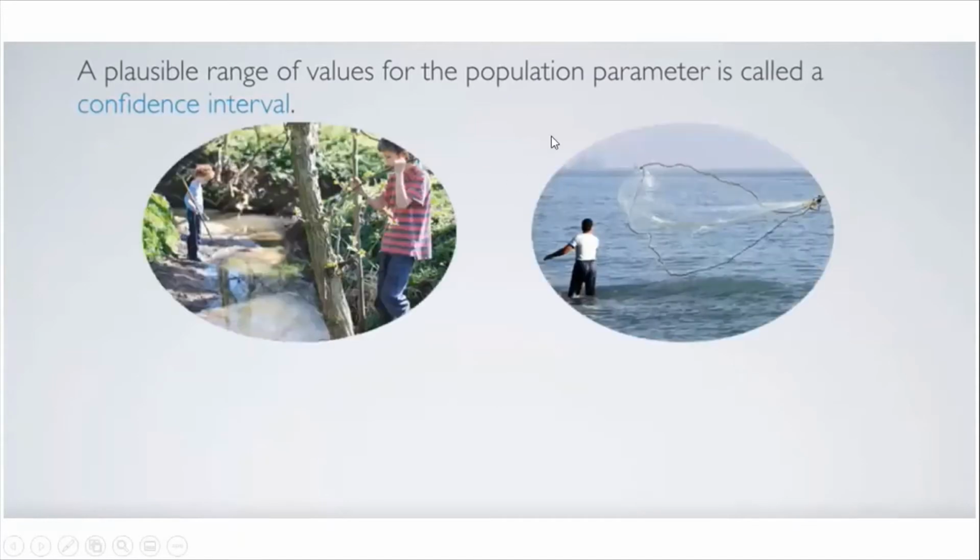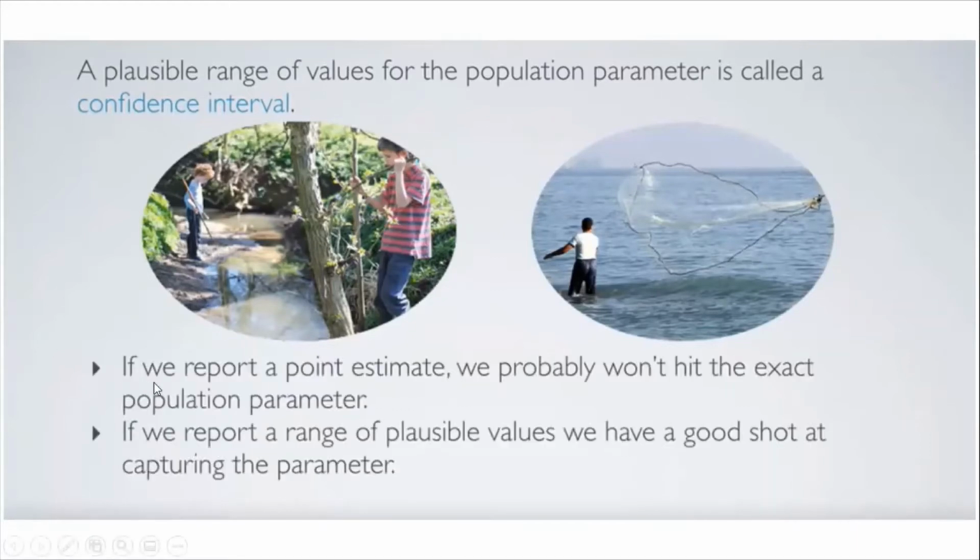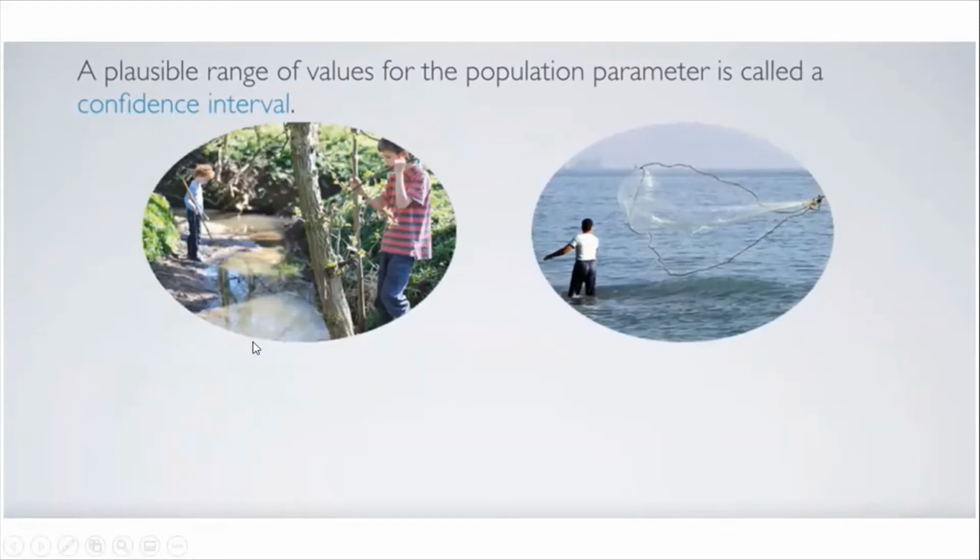Okay, so why a range of values? Let's take a moment and look at these two pictures. Here we are using a stick and trying to hit a fish in a river or in a stream.